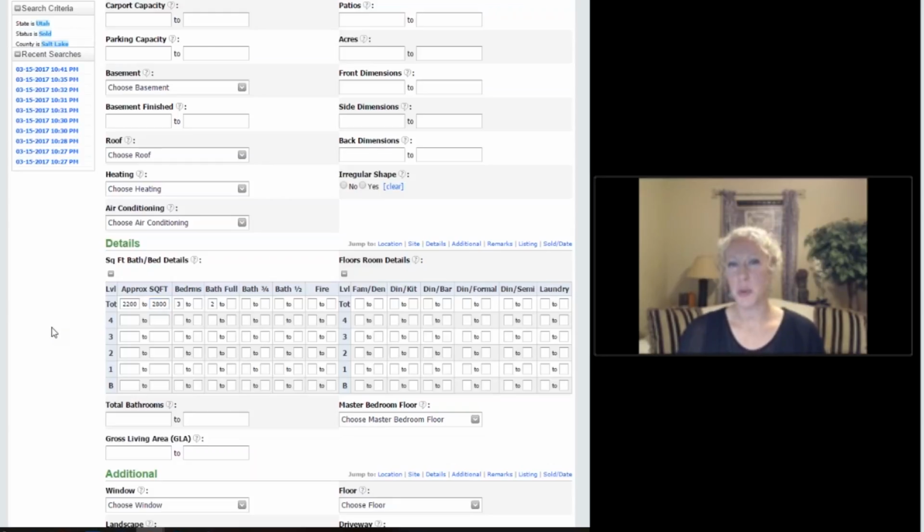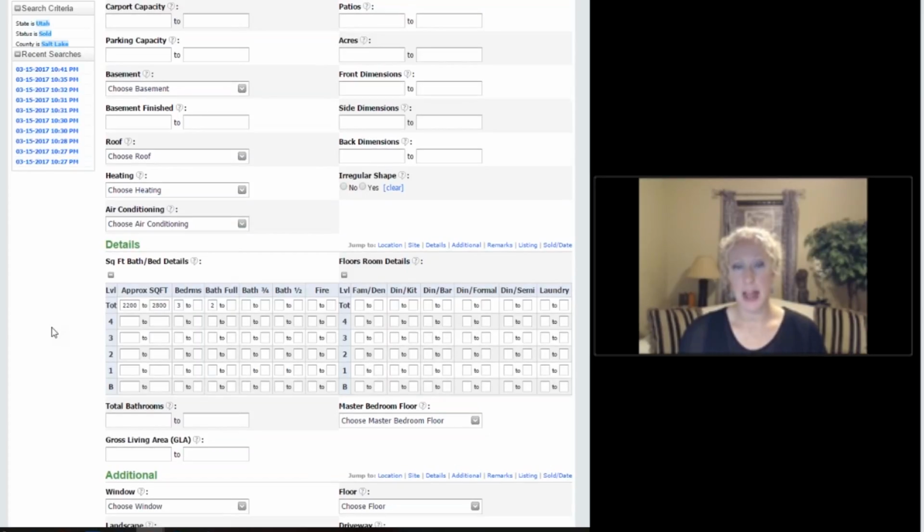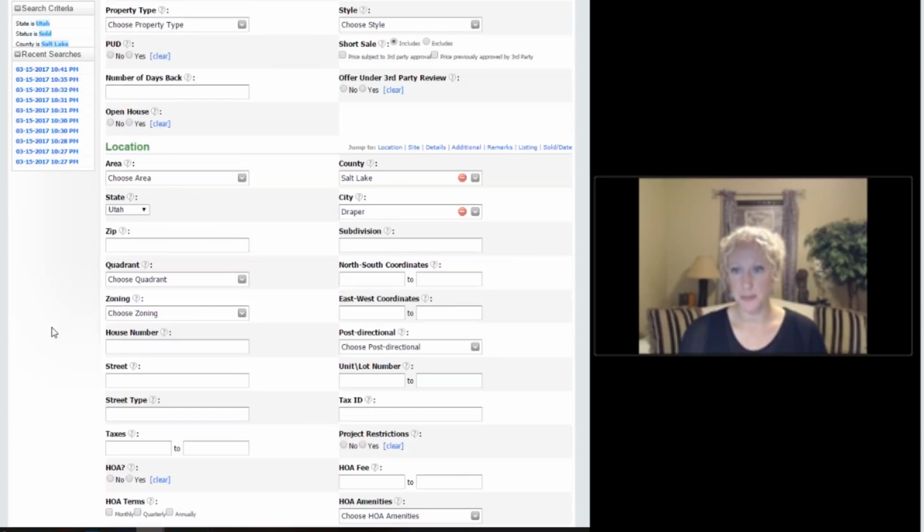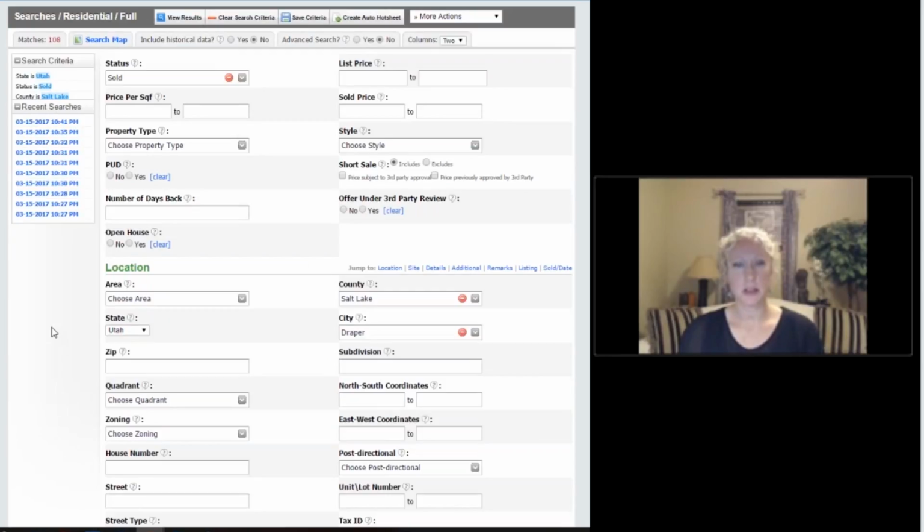And what else is important? The age is going to be important as well. By the way, this software is a little bit different on every MLS system that's out there. Some of your realtors are going to be using the same type of software, but it won't look exactly like this.